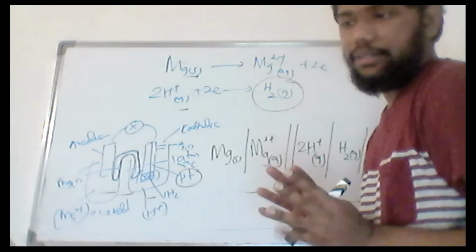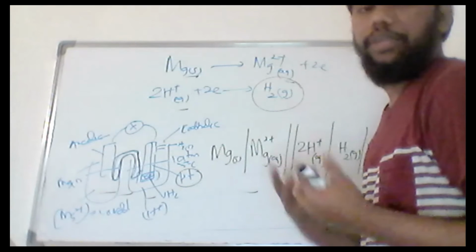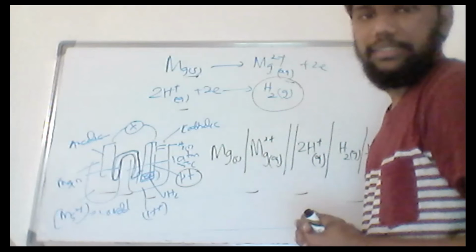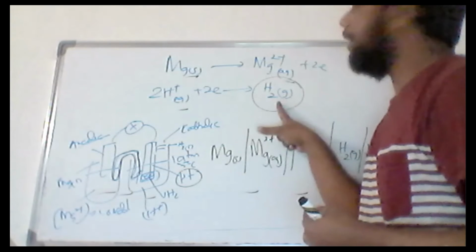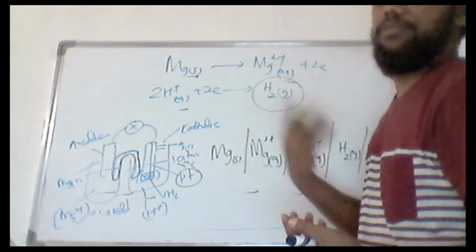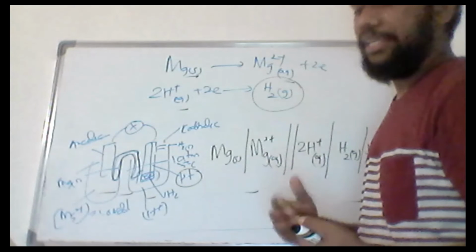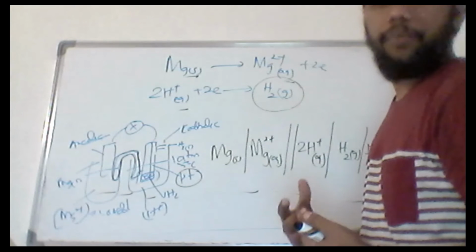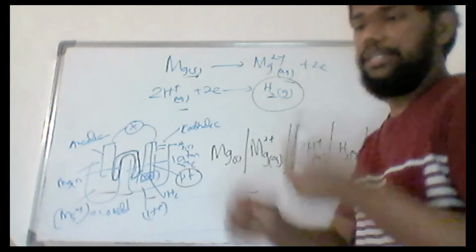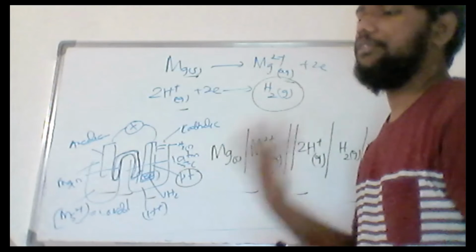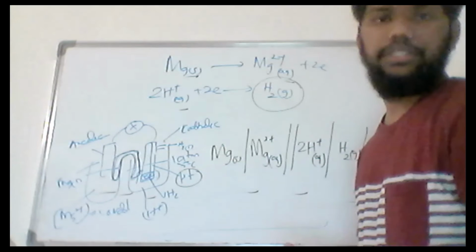Entropy in general, we say it is the amount of disorderliness in the system. So here you can see there is a gaseous product that is formed. When there is a gaseous product that is formed, the disorderliness is very high, which in return says that the entropy should increase.